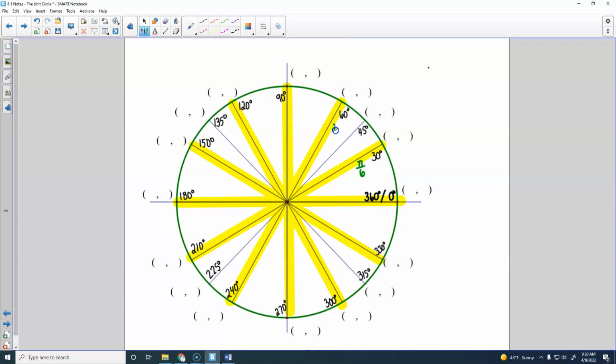This will be 2 pi over 6. I'm aware that that will reduce, but for the purpose of doing this, I'm going to leave it 2 over 6 for right now.